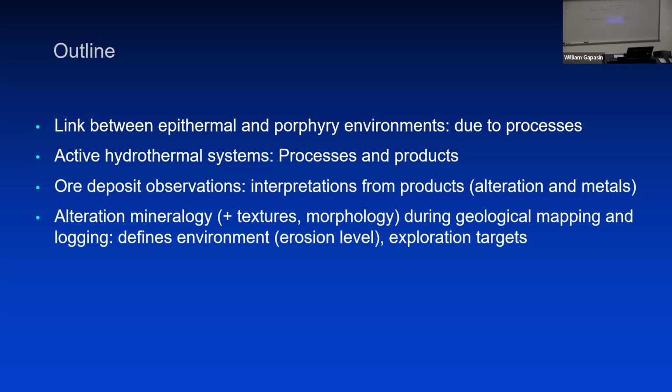And alteration mineralogy, textures and morphology have to be maintained during geologic mapping and logging, because this is what defines the environment, which then gives us information about erosion level, and provides exploration targets for the area most likely mineralized.